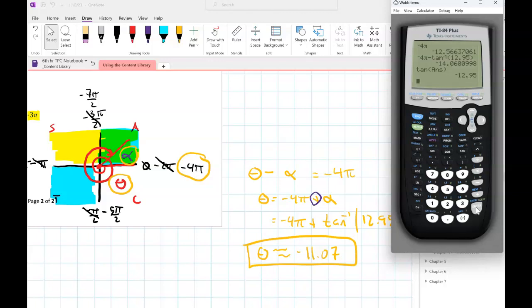Now this double fails to check also, because if you check to see if this is too big or too small, what are you going to find? It's not in between, right? It's smaller than negative 4 pi. So we would have seen it's too small also. So it double fails.